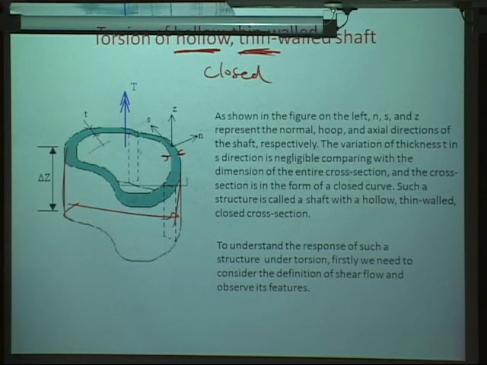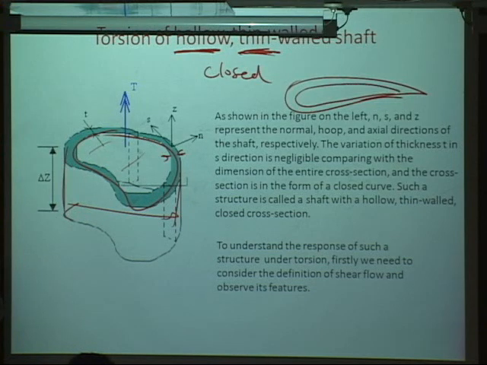So it is the torsion of a hollow, thin wall, closed shaft. In this case, it doesn't have to be circular. It can be any shape.